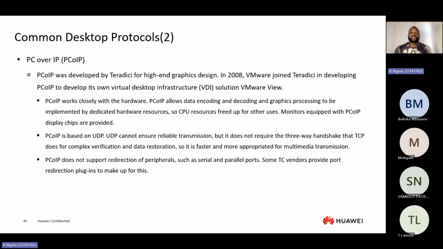So if we have something like USB redirection, it can be available, but may require a few policy tunings for compatibility. So there are a few things that you need to change. Some of the thin clients from different vendors will provide that redirection through certain custom plugins. So basically, that's how we can have peripheral support.